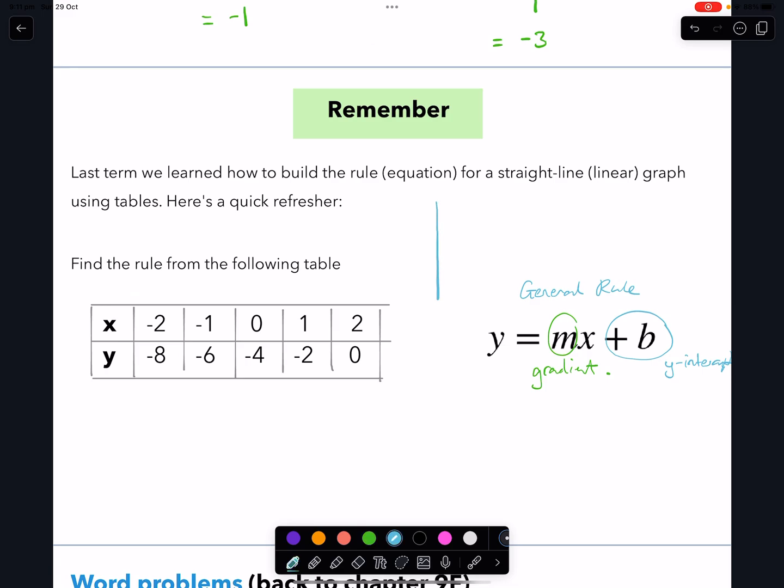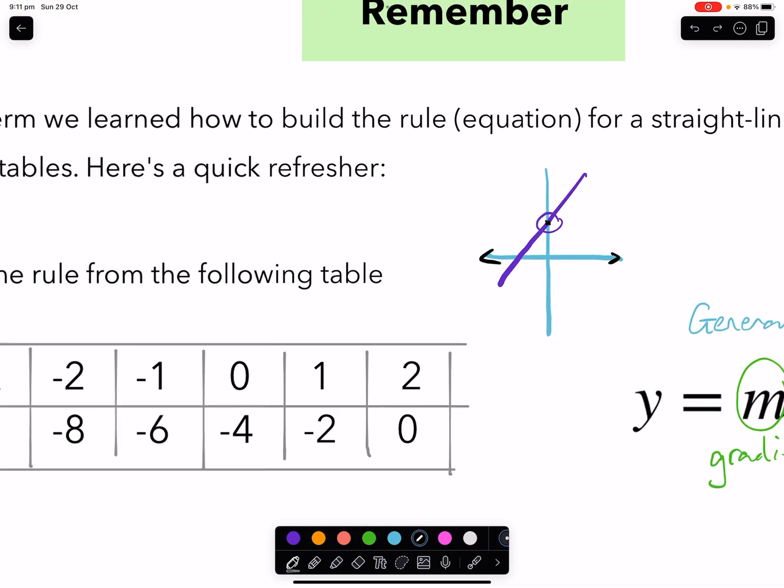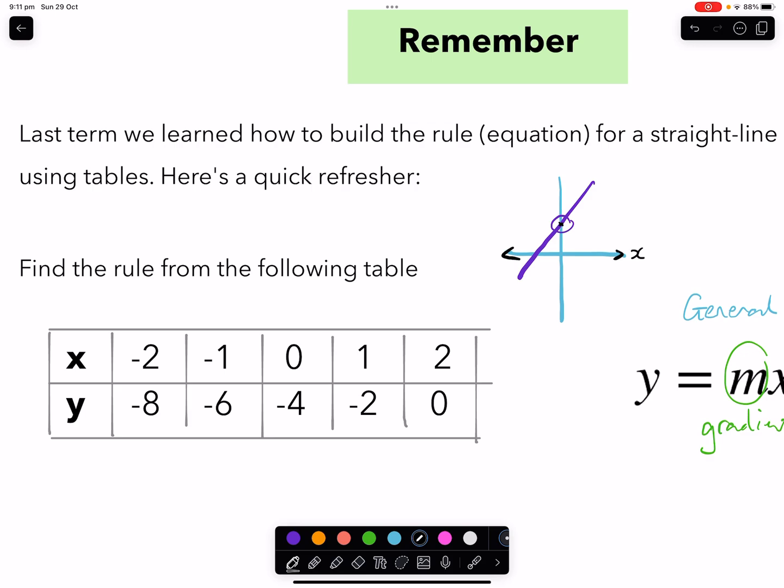The y-intercept, so I'm just going to draw it visually. So if I have a graph, let's say it's in purple, let's say the graph is like that. The y-intercept is where you cross the y-axis. So what number is 0 at this location? The horizontal location is a 0. So if we look for when the x-axis is a 0, there it is.